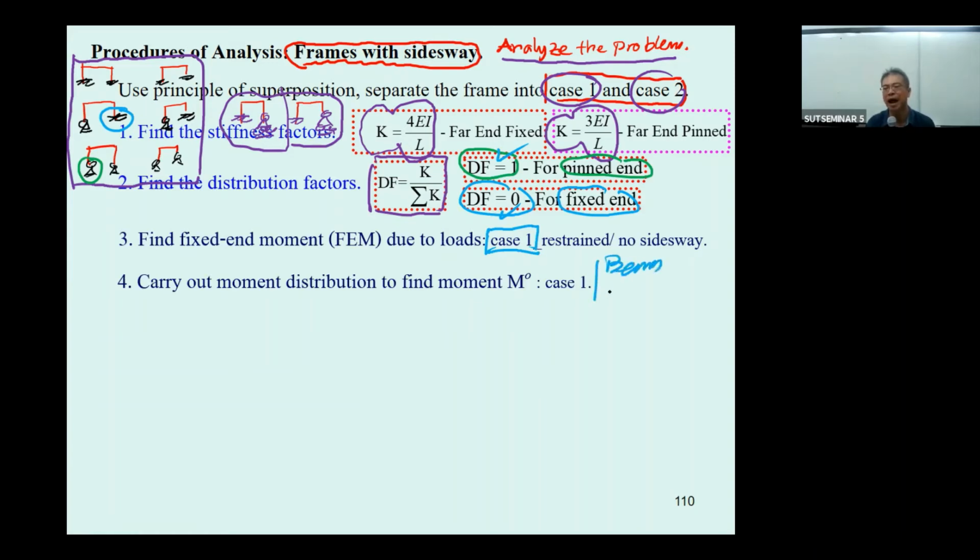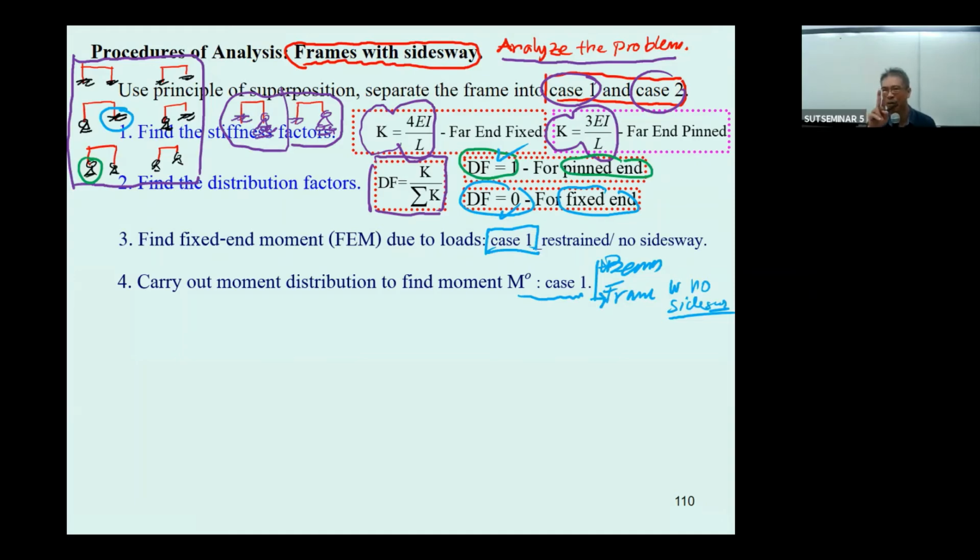That's why I will not give you an examination on the frame with no sidesway, because it's already part of this problem. And on the third examination, the score for the beam will be less than for the frame with sidesway.